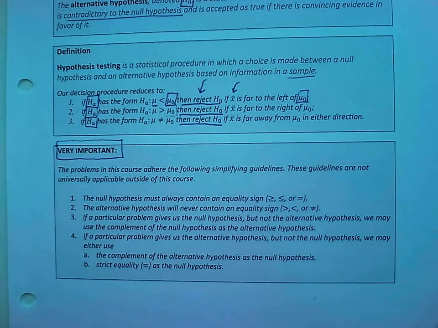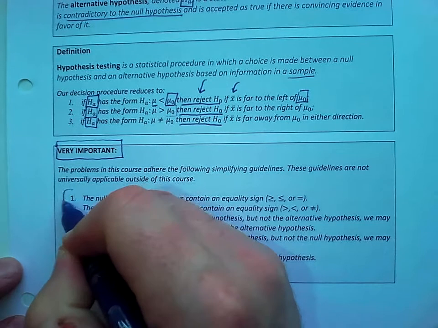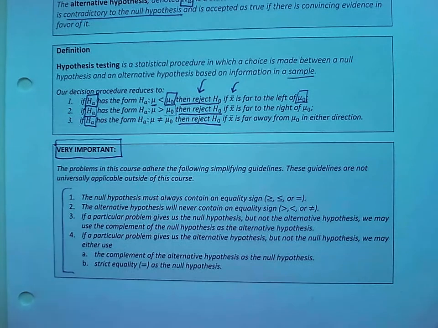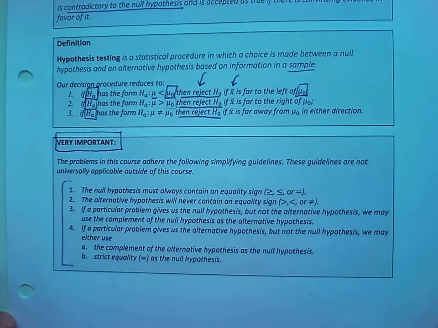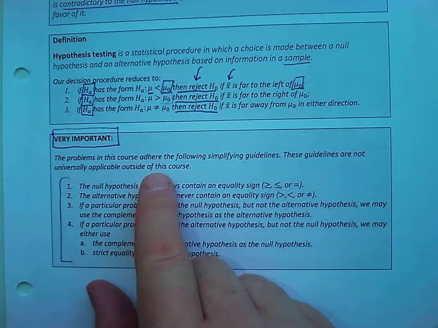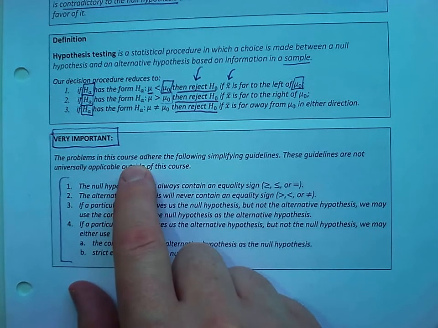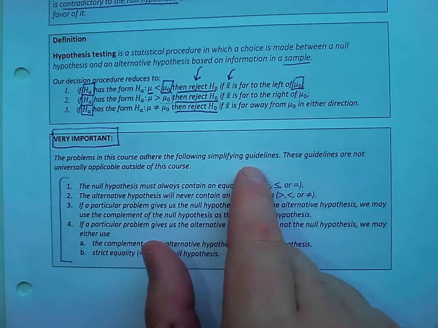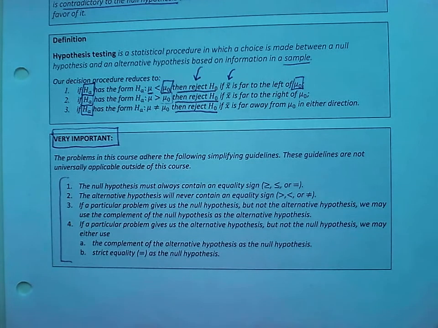Now, keep in mind that some of these concepts right here are, again, unique to this class. And which ones and why they're unique to this class, I'll highlight as we go through this box. So here it says, the problems in this course adhere to the following simplifying guidelines.